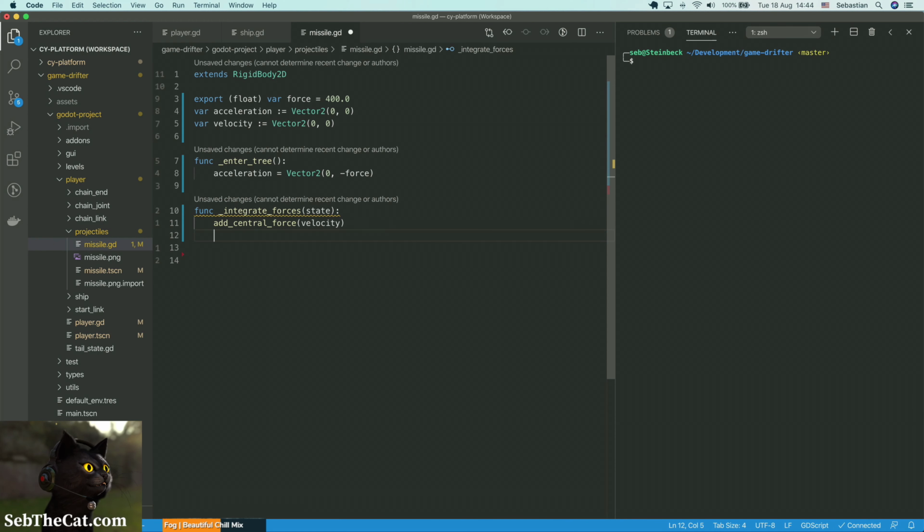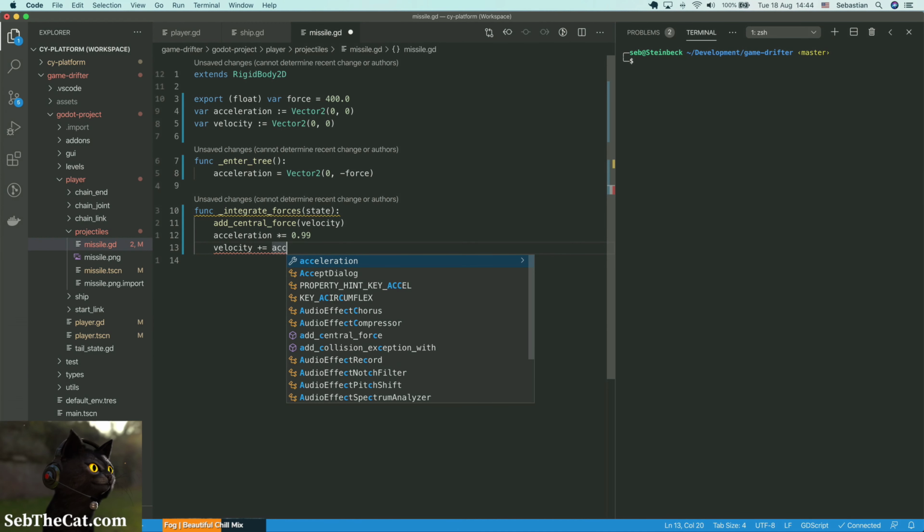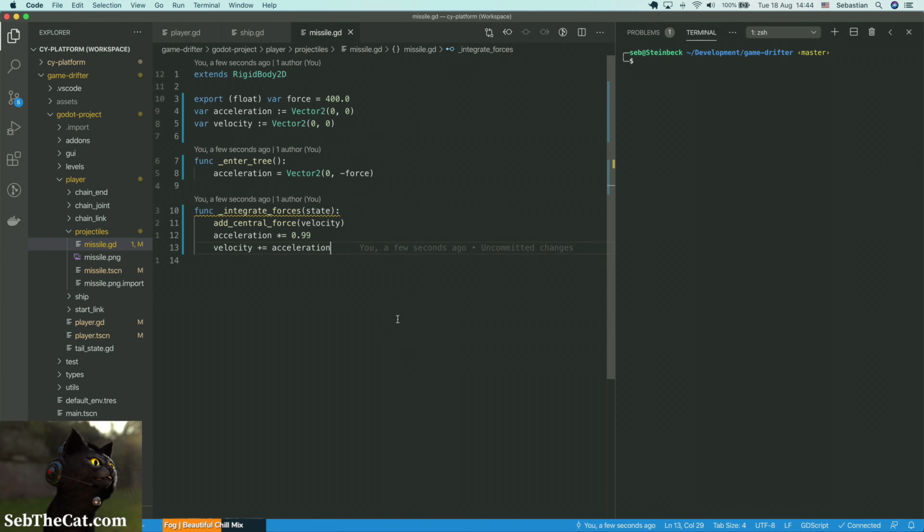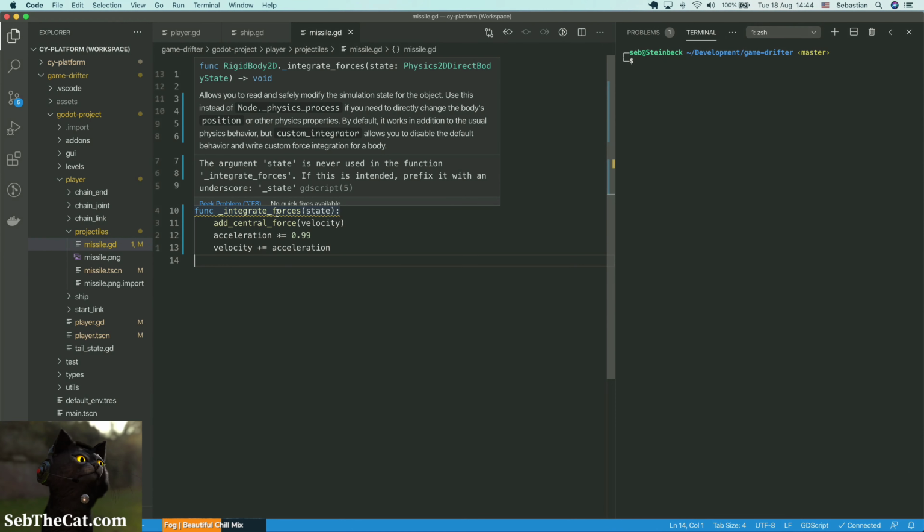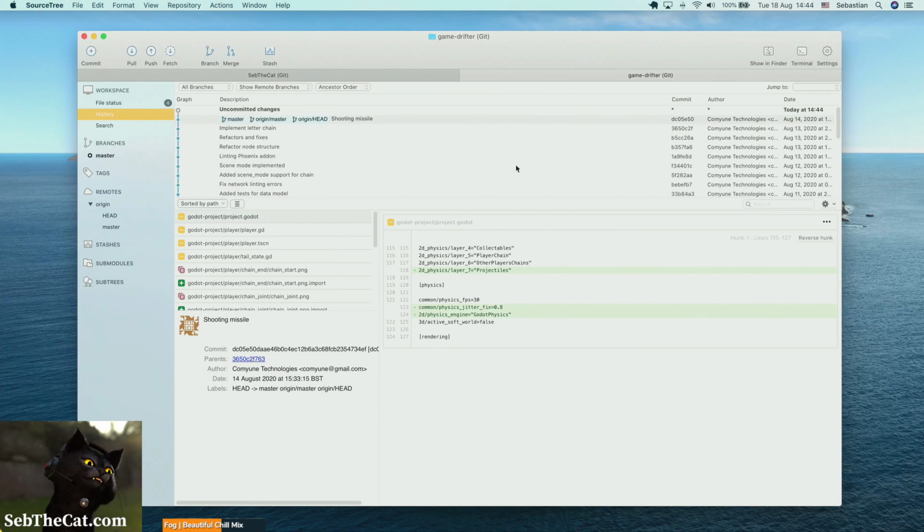Then we can say the acceleration times equals, and then velocity plus equals acceleration. So this, yeah, I don't know what the state is going to actually include.